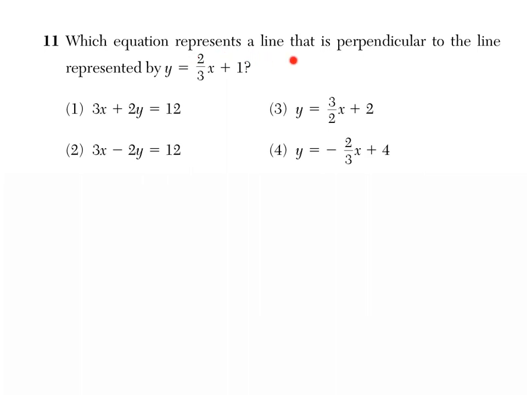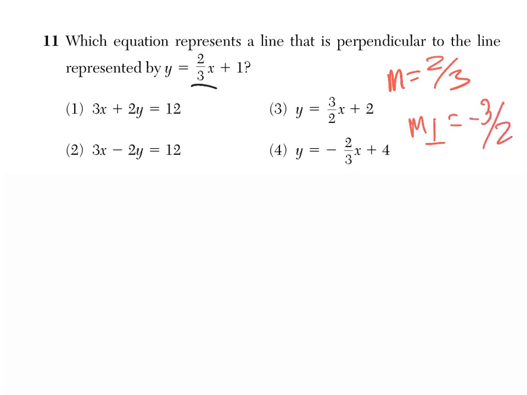Question number 11. Which equation represents a line that is perpendicular to the line represented by y equals negative 2/3 x plus 1? Well, the most significant element of this equation is the slope, and I know that the slope, of course, is negative 2/3, and we're looking for the slope perpendicular to that, and that's going to be the opposite reciprocal. So it, of course, is going to be 3/2, right?